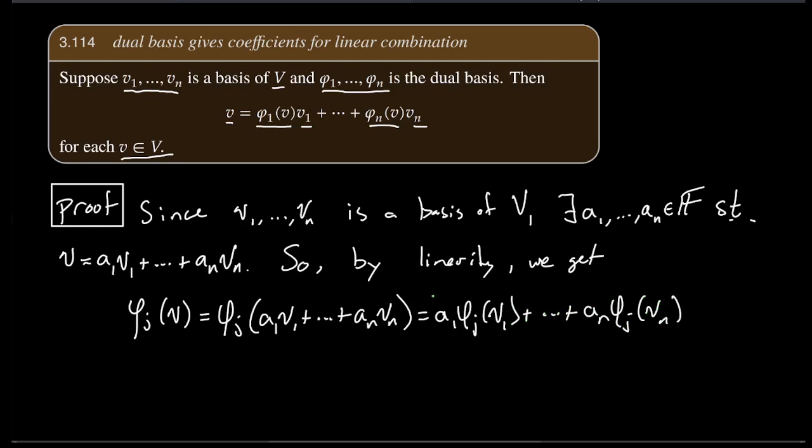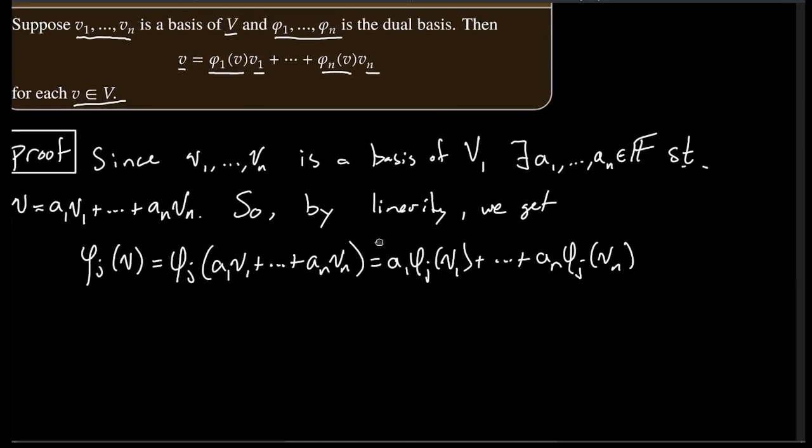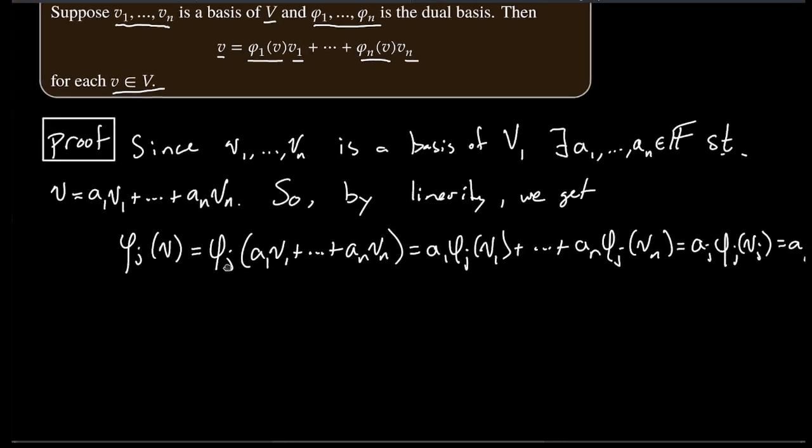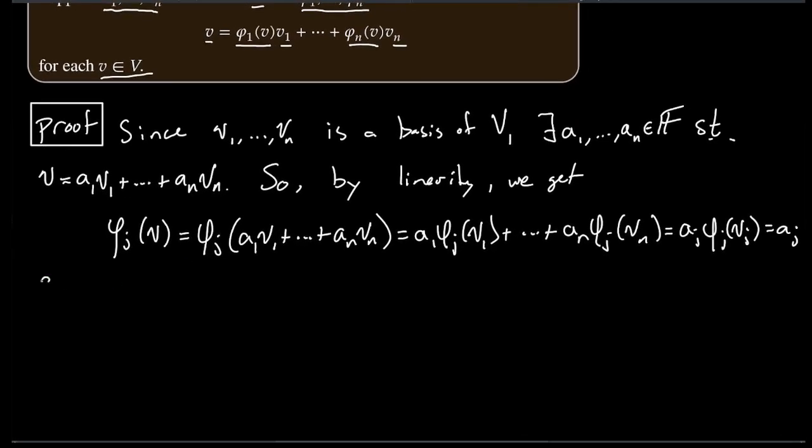From the definition of the dual basis, all of these are 0 except for the one with phi j, and you just get aj phi j vj. But for phi j of vj, you get back 1. So this is just aj. So we get this for each j in 1 through n.